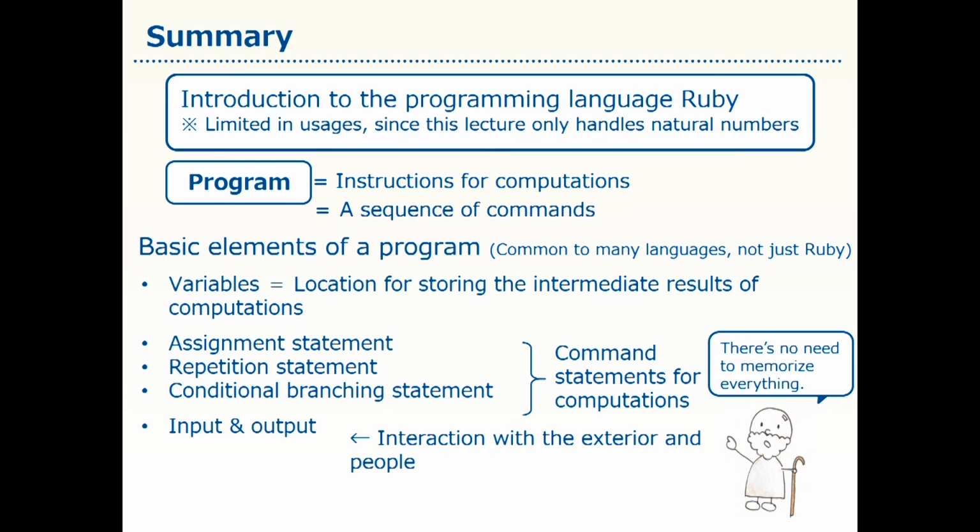Basic elements of programs such as variables are common to many languages, not just Ruby. It's a location for storing the intermediate results of computations. Then we have assignment statements, repetition statements, and conditional branching statements, and command statements for performing such computations.